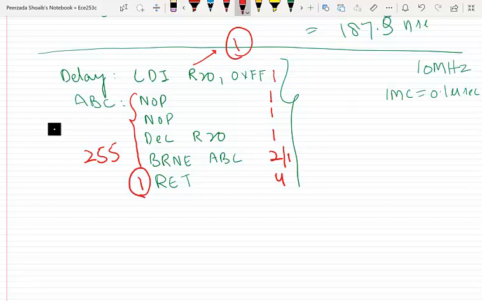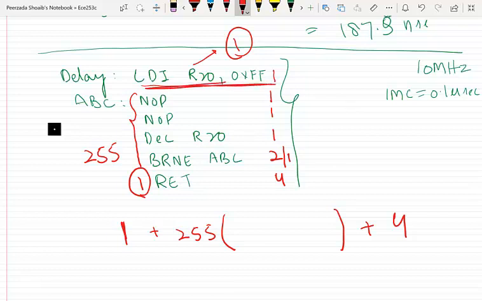So the total is 1 machine cycle for the LDI, plus 255 times the delay of these instructions, plus 4 for the return.